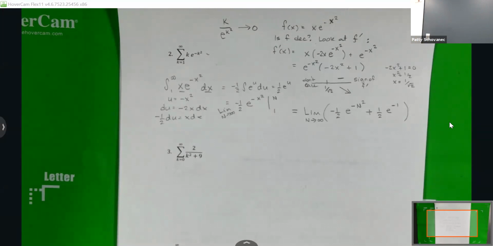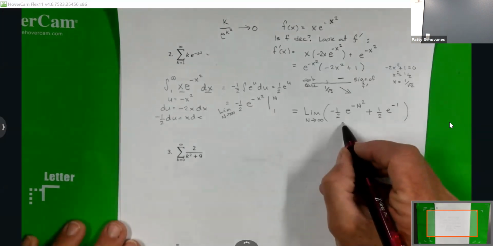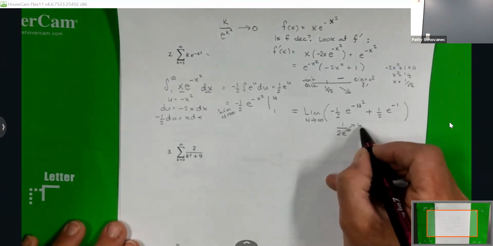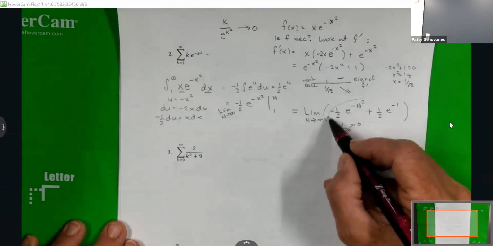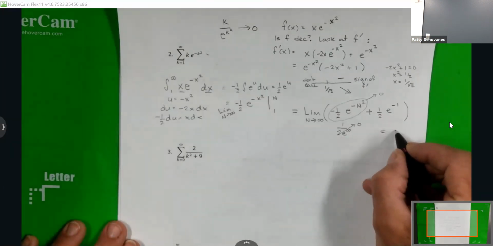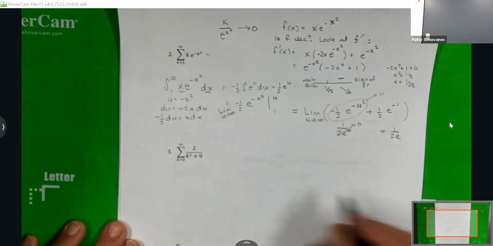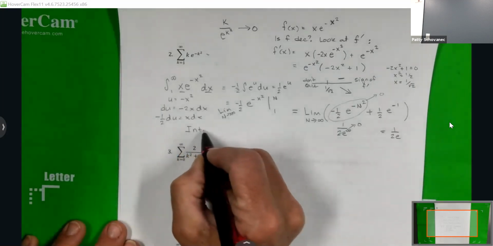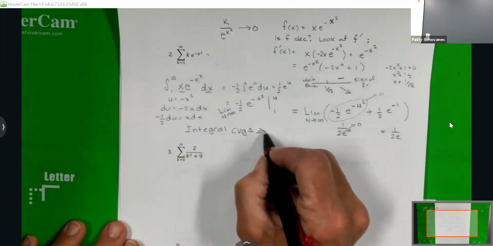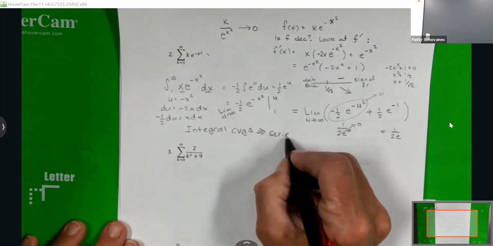So that's like 1 over e to the infinity, which is really big. 1 over infinity goes to 0. So this term goes to 0. And then this integral converges to 1 over 2e. So the integral converges, and that implies that the series converges.